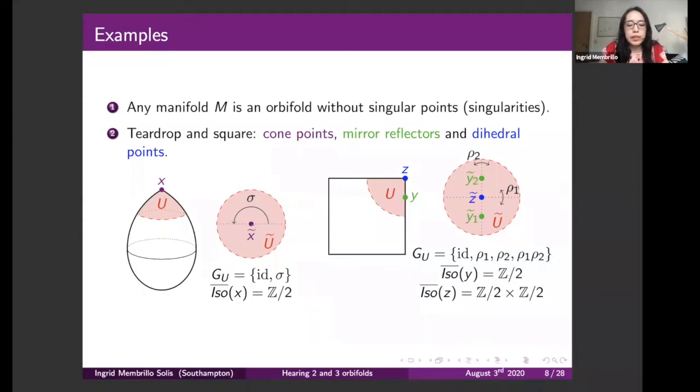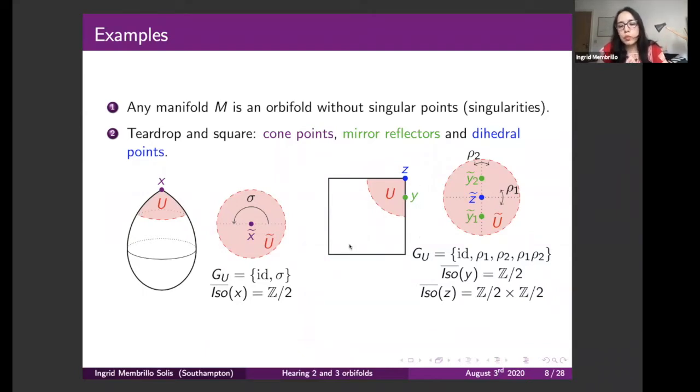We can see then that the center of the ball is fixed under the action of this group G. Again, to define the abstract isotropy type of X, we need to look at an element in the preimage. In this case, the only element in the preimage of this point X is X tilde, and this is fixed by the whole group. Okay, so this is just for the teardrop.